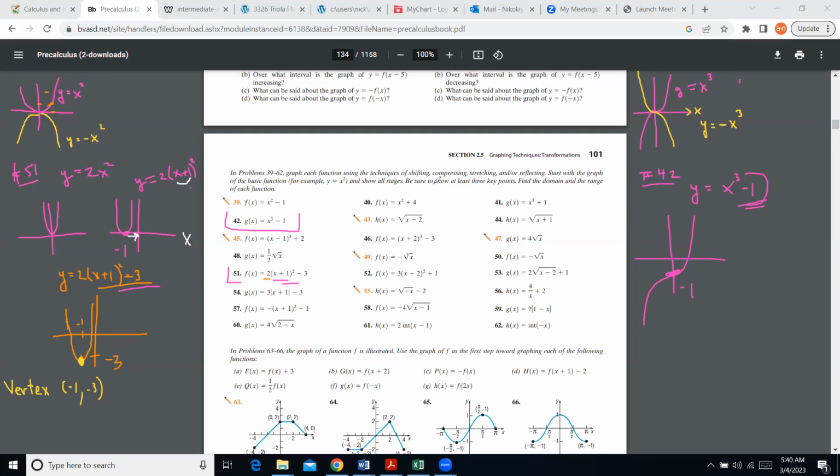So if I try to do a problem like 57 here, that actually has a negative sign in front of my x cubed. So the graph will be opening down. Now, if I put an x plus 1 inside the parentheses, just like in the previous exercise, I'm going to have the graph of that parabola that opens down shifted by 1 unit to the left.